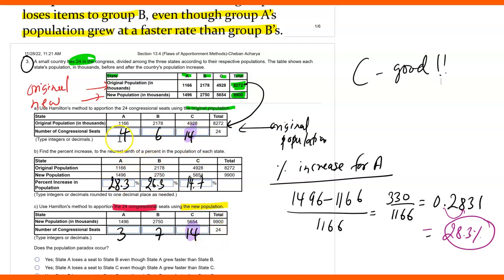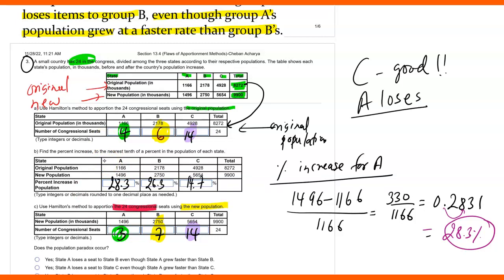But notice that A loses, A's apportionment changes, and also B changes as well. Okay, what's the B here? 6. Okay. B's apportionment changes as well. But the apportionment decreases. A loses here, right? A loses.